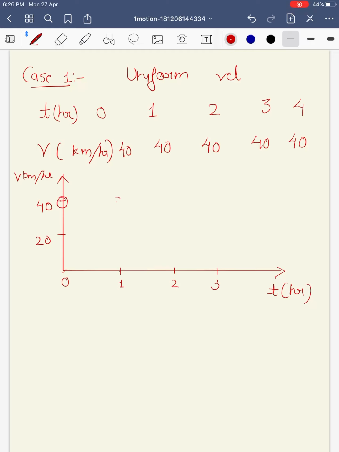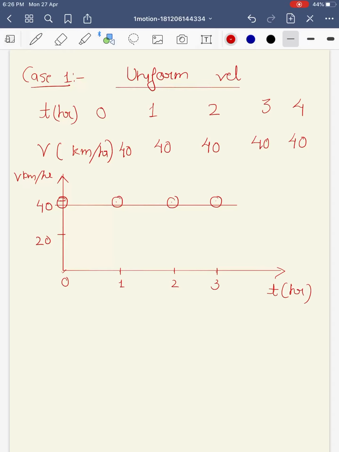Corresponding to 1 hour, again 40. Corresponding to 2, again 40. So we are saying that the velocity is not changing with the time. Velocity is always uniform. So if you join all these points by a free hand, it comes out to be a straight line parallel to time axis. So this is the case of uniform velocity.